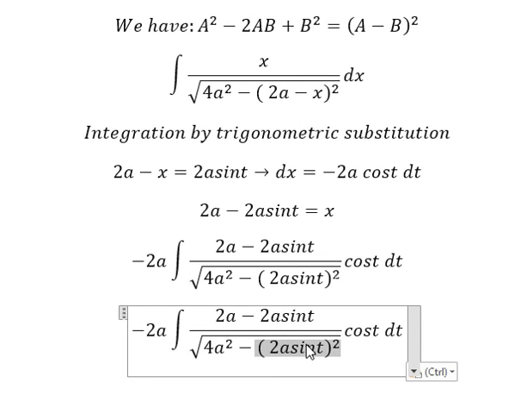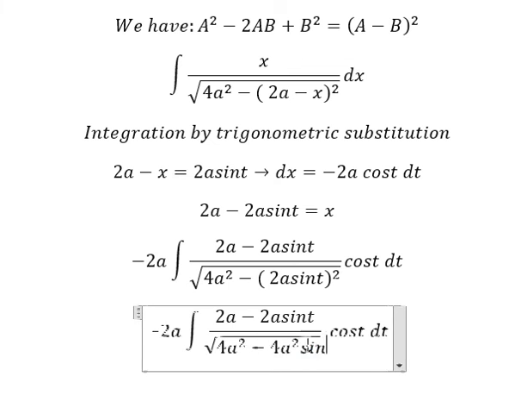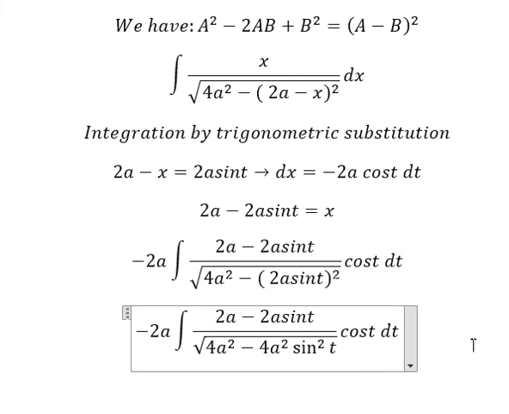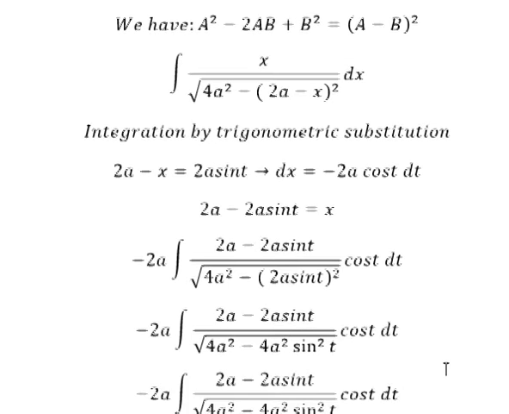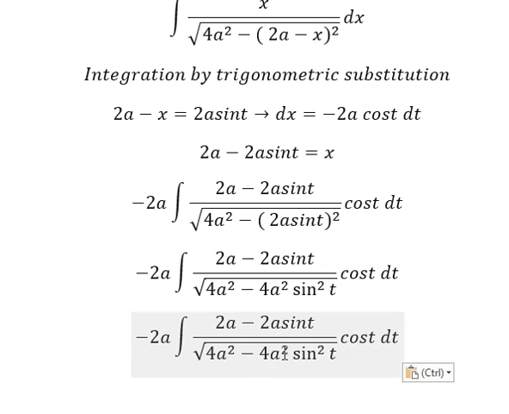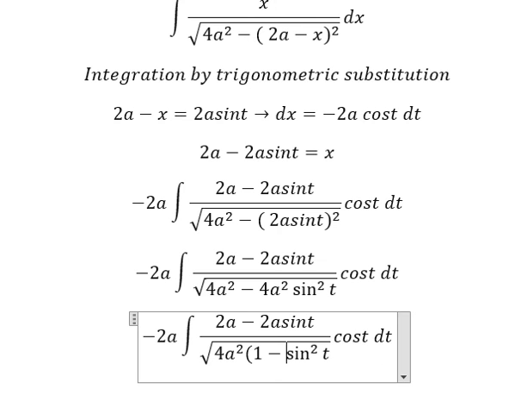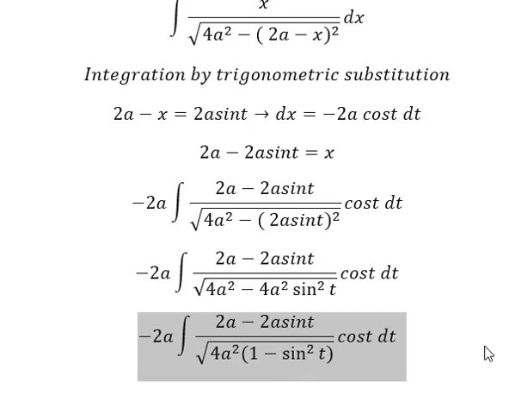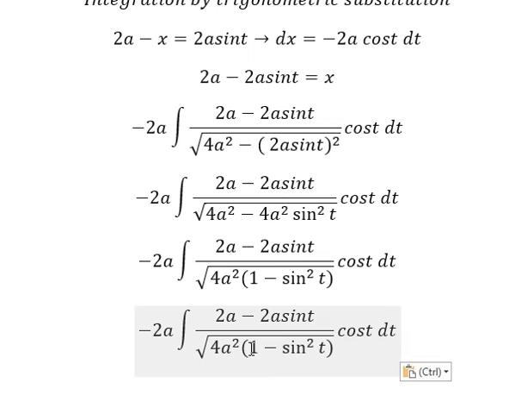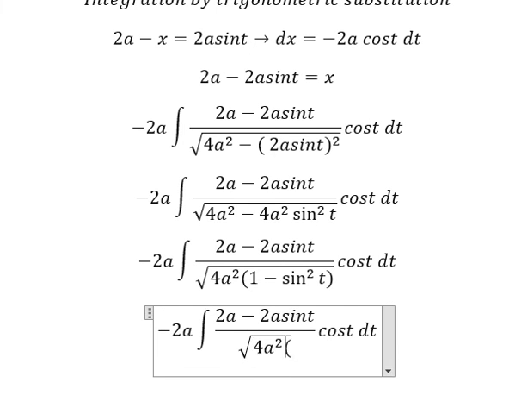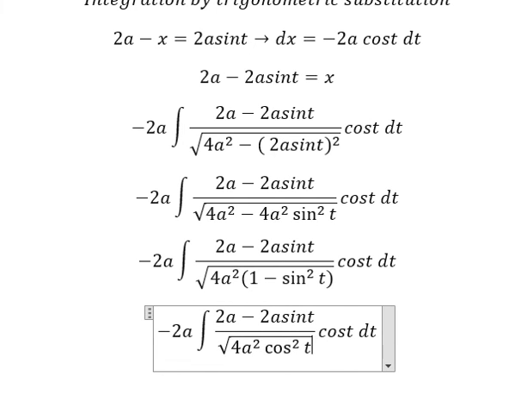So this one we have 4a squared sine t squared. 4a squared, we can do factorization. One minus sine t squared, we change by cosine t squared.